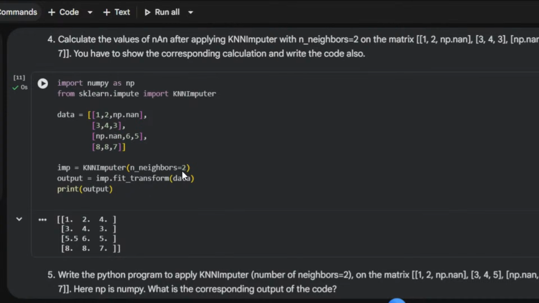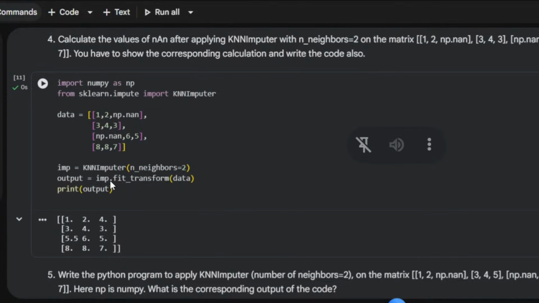Here the parameter that KNN imputer takes is n_neighbors, and we are setting it to 2. As you might be familiar with how KNN imputers work, here we are taking n as 2. So it finds the two nearest neighbors for each and every nan value, and then replaces the nan value according to those two nearest neighbors.